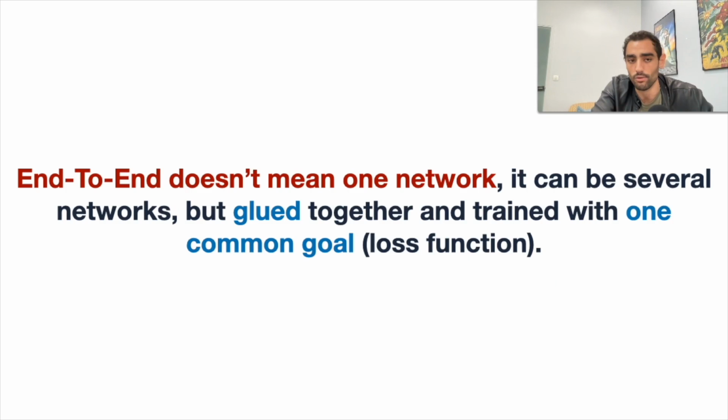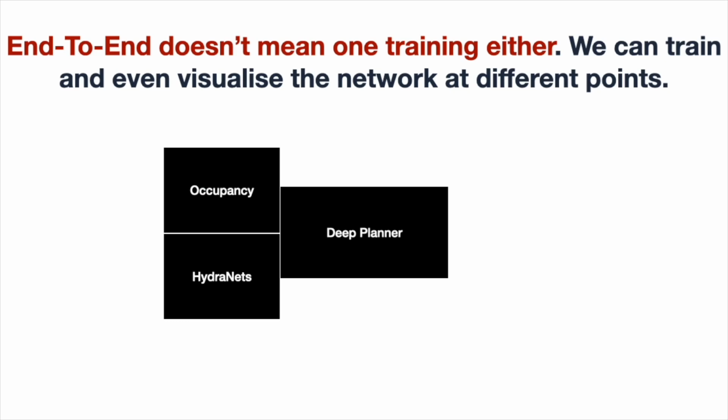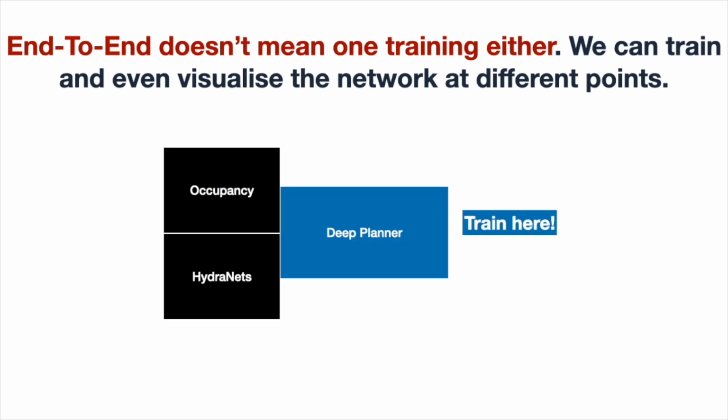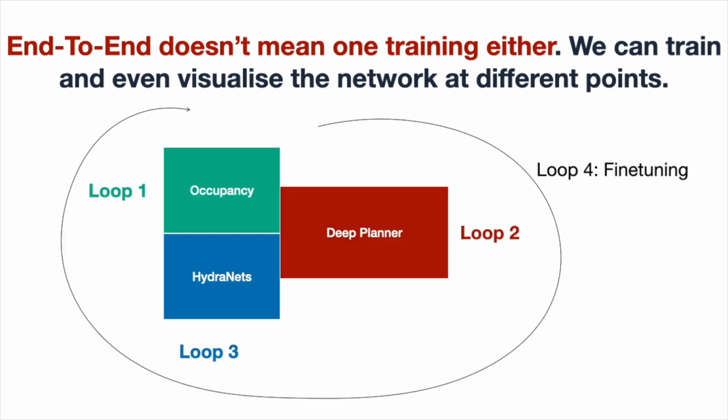It can be several, they are just all glued together with a common loss function. So it can be these, and we can actually train separately. We could train this occupancy network, then this deep planner, then this Hydronate, and then have a final fine-tuning element where we train all of them together in some sort of loop.